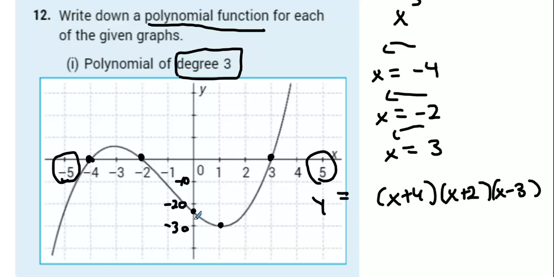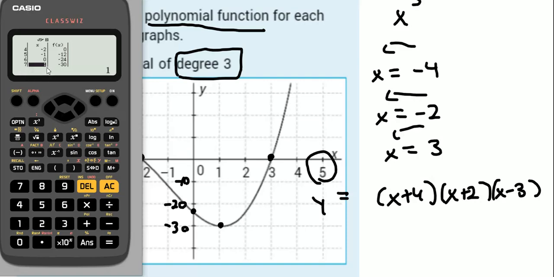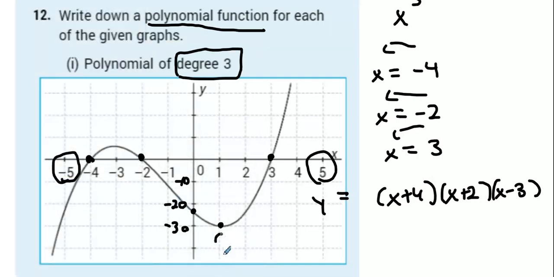Does that make sense? Does everybody understand how I figured out each step is worth minus 10? I went to my calculator. I saw that it was 1, minus 30. So this point here is 1, minus 30. And I noticed that it's 3 blocks underneath. That must mean each block is worth 10.